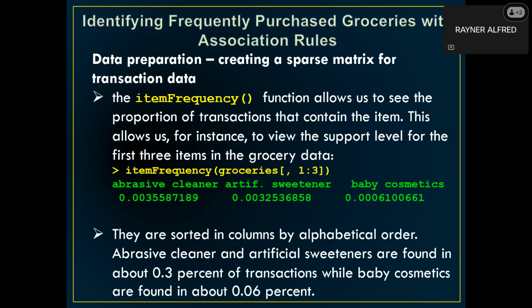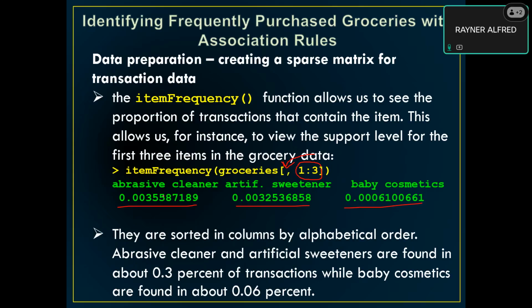We can also compute the item frequency. For example, here we are looking at all the transactions, and we want to look at the first 3 columns only. What is the frequency that we have? The frequency is this.